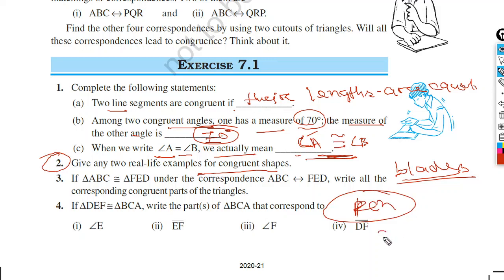Then we can say scale, protractors. If they are of the same company, same model, they are congruent, isn't it? Then postal stamp. That is the example that is in your book. Postal stamp of the same type. So these are the real life examples.